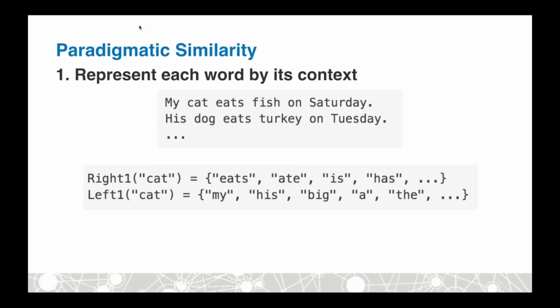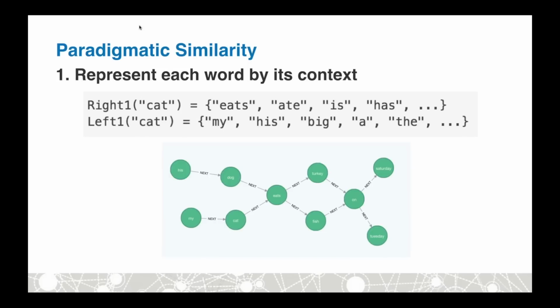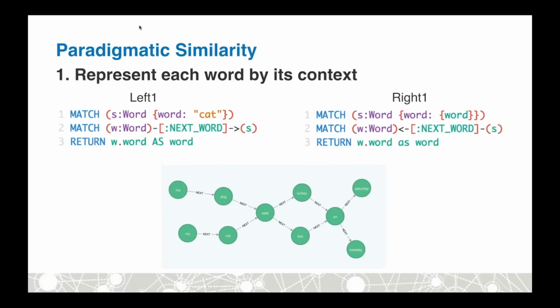So looking at our graph here, let's see how we can do this in Cypher. And it ends up being pretty easy with just a simple match statement here. So for left one, we match on the word that we're interested in, so cat, and then we define the pattern for identifying any word that appears to the left of cat, and then we return those words.